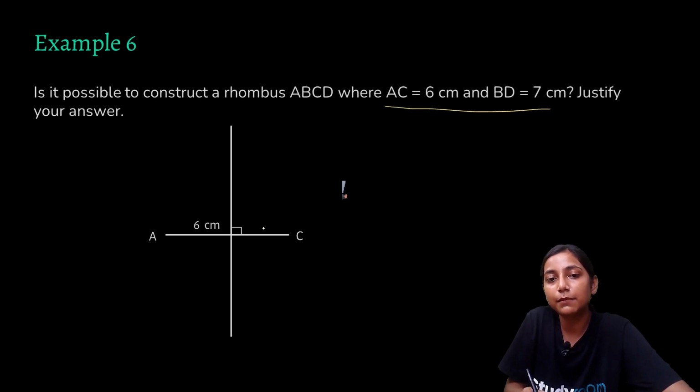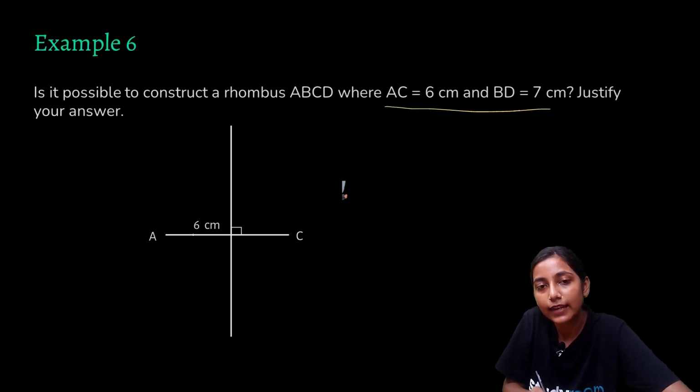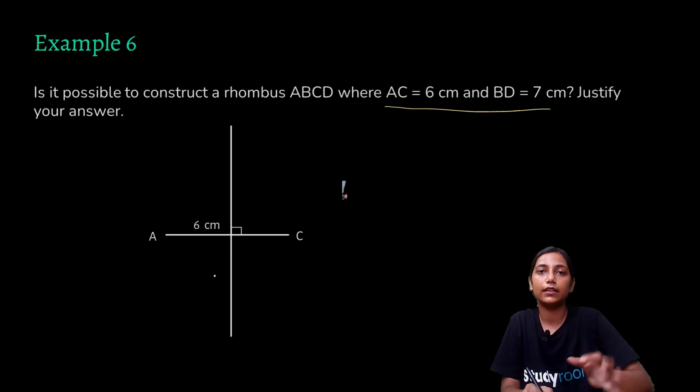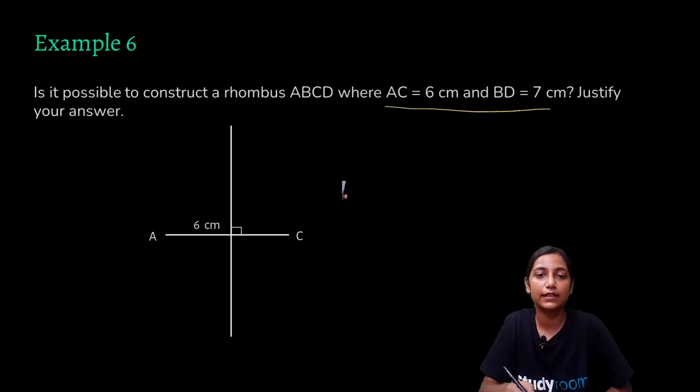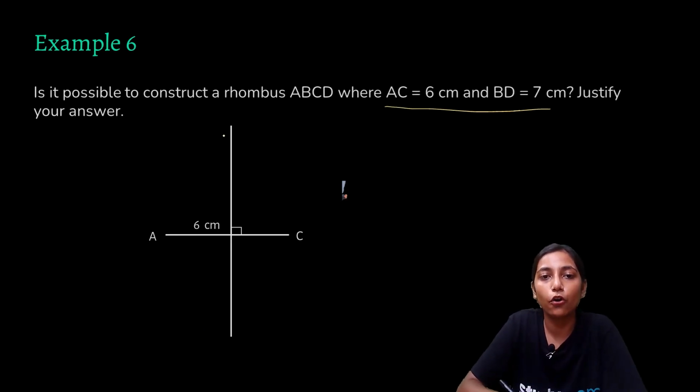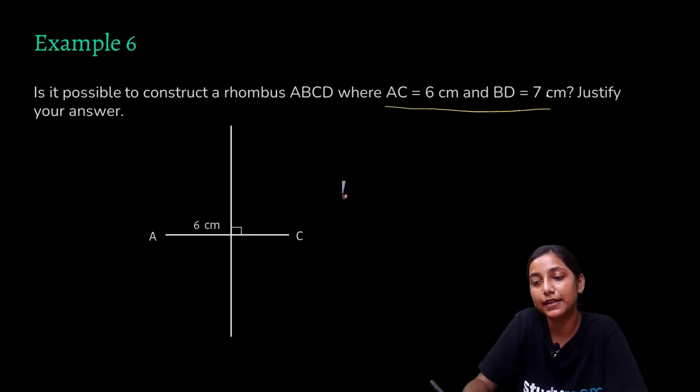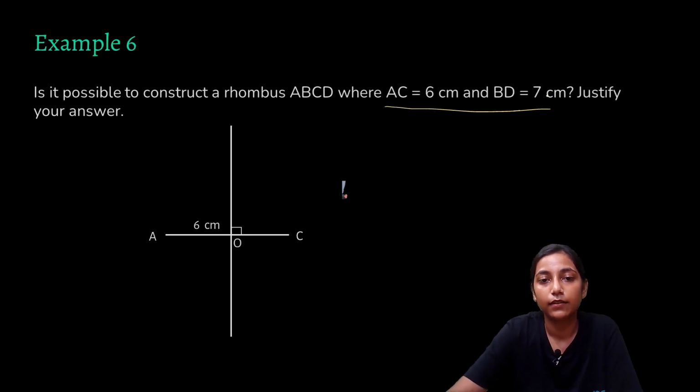So half of 6 centimeters will be 3 centimeters. From A, take 3 centimeters on AC, the midway of the 6 centimeter line, and draw at 90 degrees one more line. That is going to be our BD. Their point of intersection is going to be O.